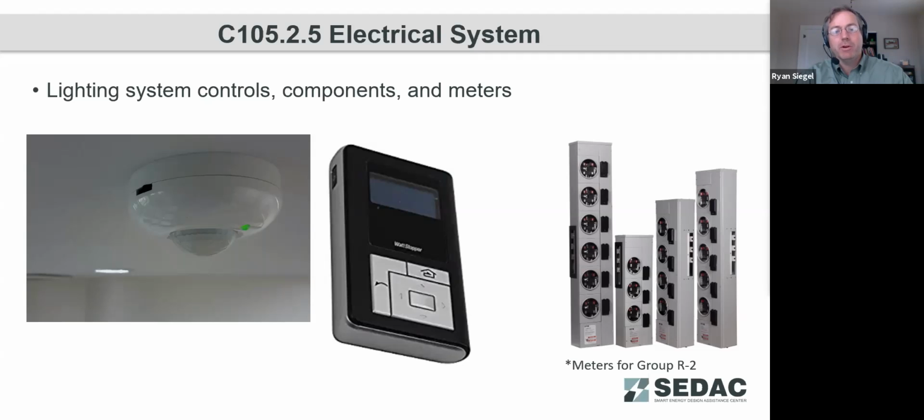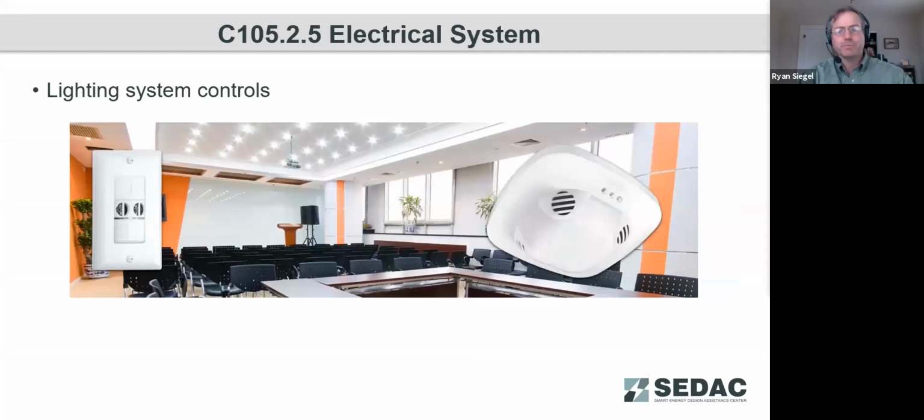Are all the proper components there, and metering? As far as lighting system controls, this is all your occupancy sensing, your daylight harvesting, which frequently is daylight responsive controls with full continuous dimming. So there is a whole lot to be commissioned here in the lighting system controls.